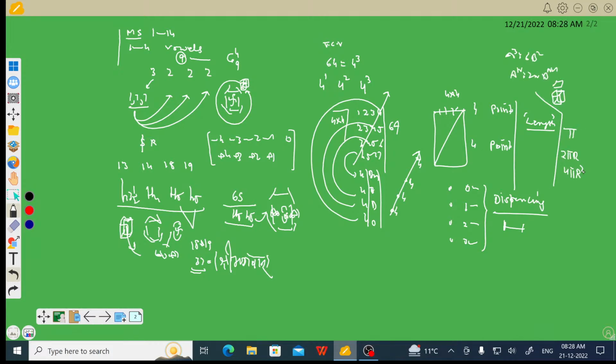The dispensation will be for the pi. It is this ratio which will permit us to dispense with pi.